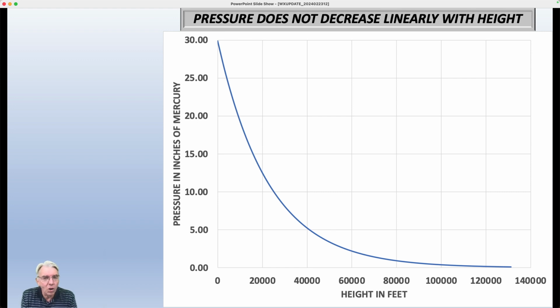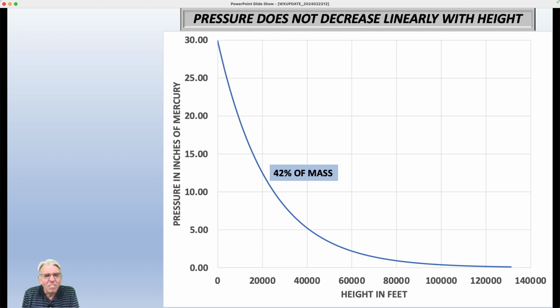It actually is what we call a logarithmic relationship, where the pressure decreases with height very rapidly in the low levels of the atmosphere, and then you have to go up greater and greater distances to achieve the same reduction in pressure from that point forward until it gets way up there, and then the air has a very, very low density. So this curve here basically shows you that, and standard atmospheric pressure is 29.92 inches of mercury.